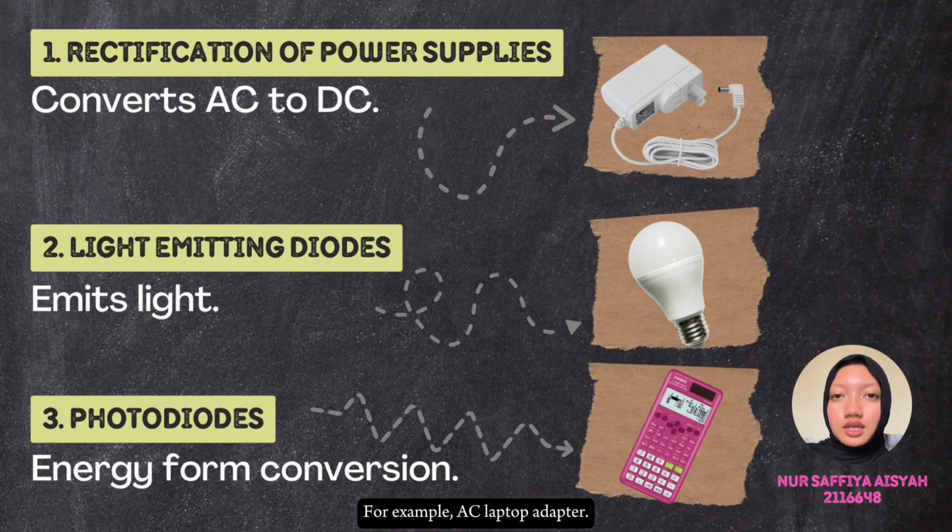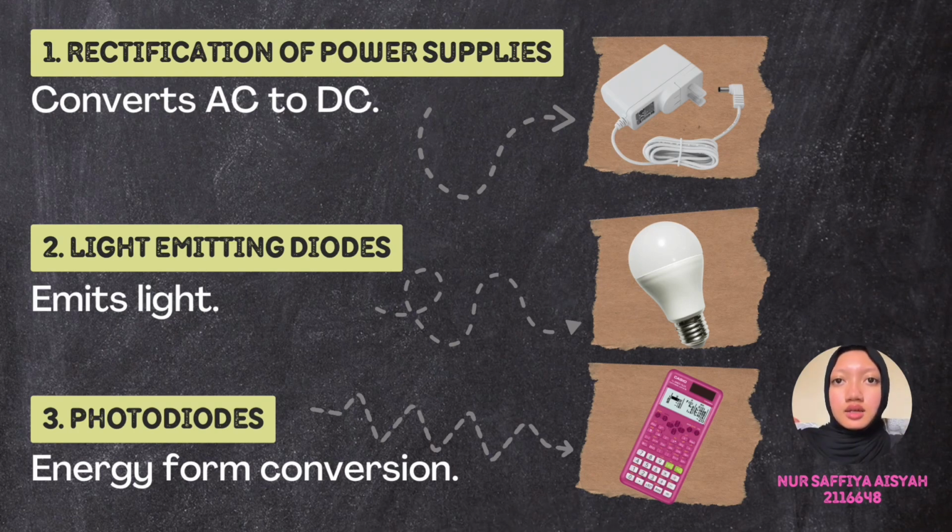For example, an AC laptop adapter. When you plug in your laptop charger, the rectifier diode inside it converts the alternating current from the wall socket into direct current, which powers your device.